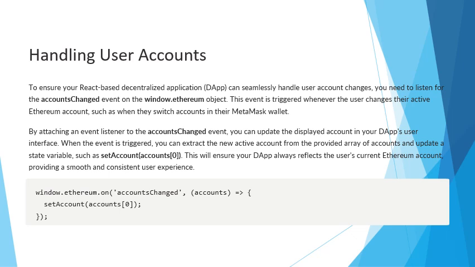When this event is triggered, you can extract the new active account from the provided array of accounts and update a state variable, such as setAccount. This will ensure our app always reflects the user's current Ethereum account, providing a smooth and consistent user experience.